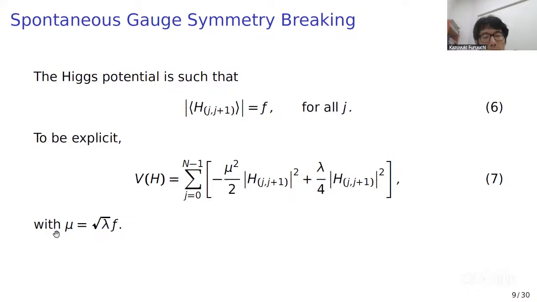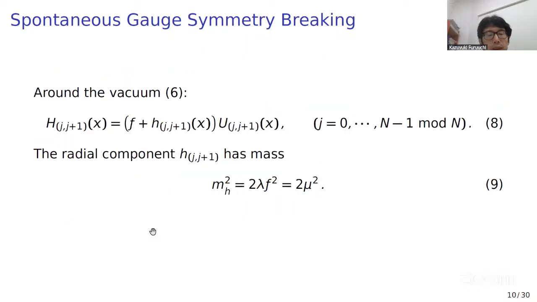You can verify this immediately. Around the vacuum, you can decompose the Higgs field into a radial mode and an angular mode. The angular part is a unitary, or actually U(1), number, and the radial component has a mass of this order.